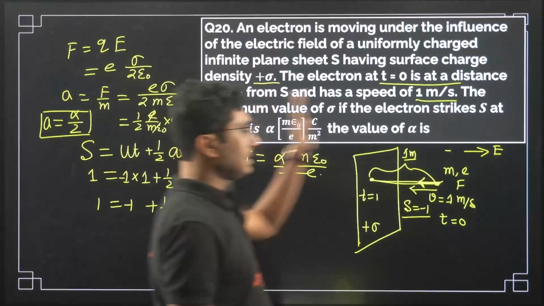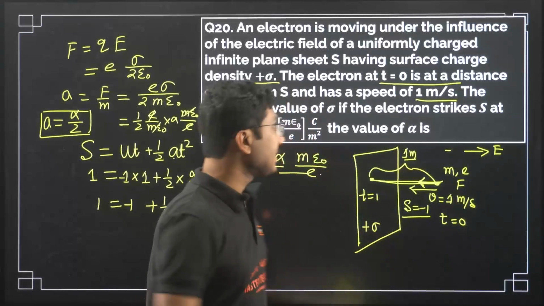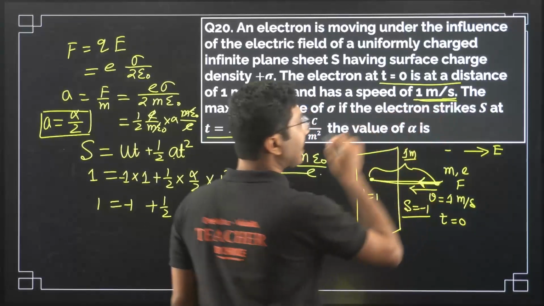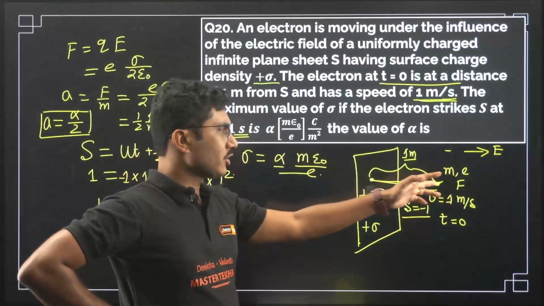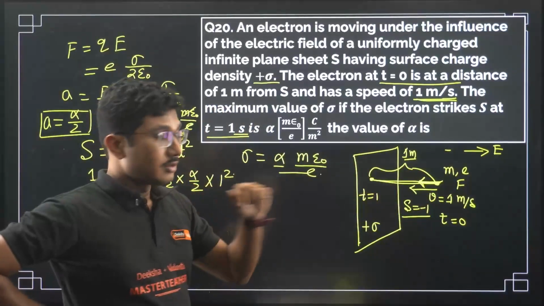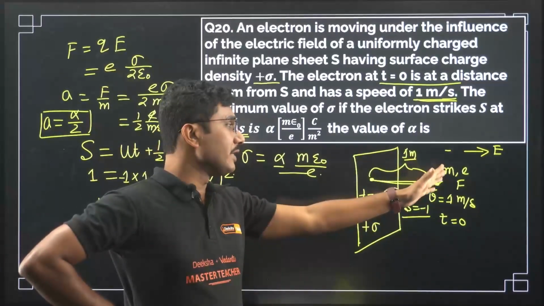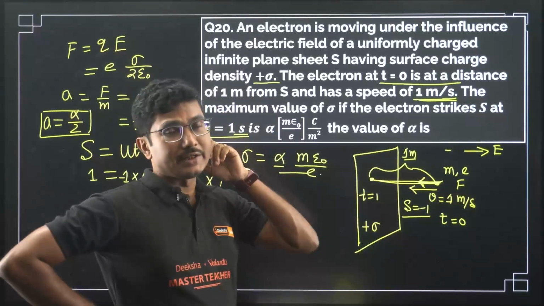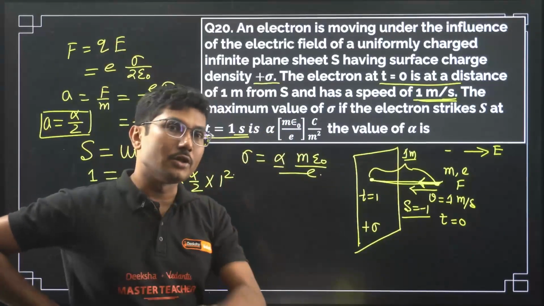speed. Now this question as it is itself is incomplete. Okay, the direction of the speed has to be mentioned, which direction it is moving. If the electron is moving in the direction of sheet itself, then it will anyway reach the sheet in 1 second, and in that case the value of alpha will be 0.